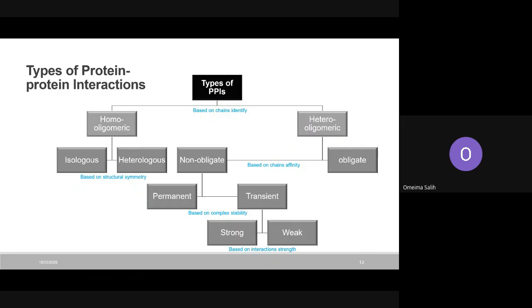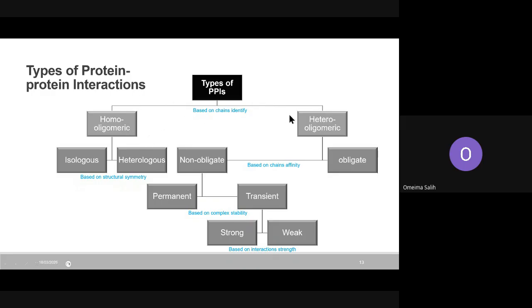Okay, protein-protein interactions have different types and are grouped based on certain characteristics. So first, based on the polypeptide chains' identity, if the polypeptide chains interacting with each other are similar, then we call them homo-oligomeric.